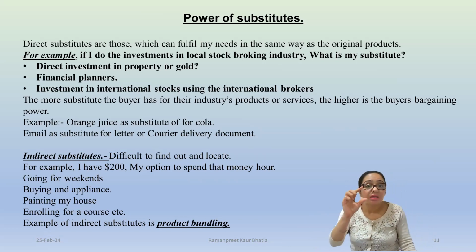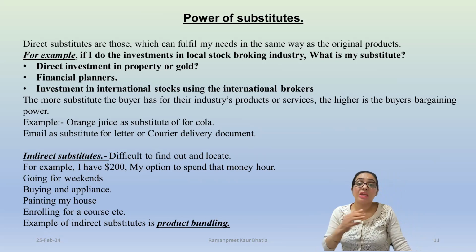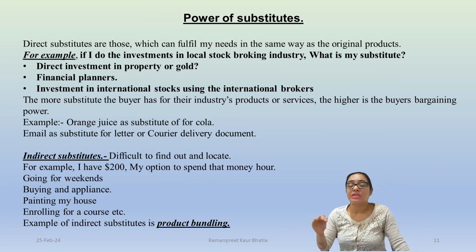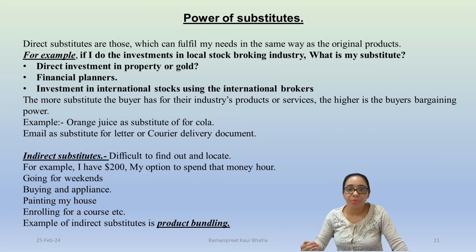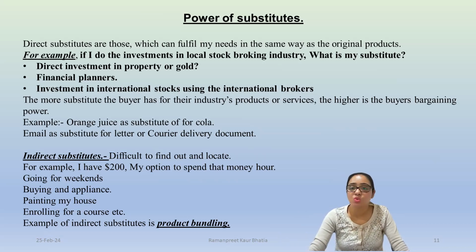Now, if I take a narrow view of my industry, if I'm selling pizza, I will consider only those organizations as my competition who are selling pizza only, right? So the organization selling hamburger or chips will be considered as my substitutes. They're not my competitors, but they are my substitutes.